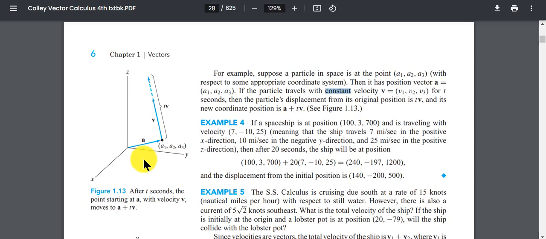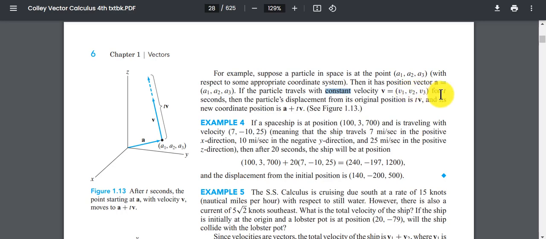So it's moving a certain amount in the x direction, maybe in the negative x direction, a certain amount in the y direction, maybe the negative y direction, and a certain amount in the z direction. So we can think of velocity that way. It has an x component, a y component, and a z component. We're going to specify those components with v, and so v will be a perfect reflection of that velocity.